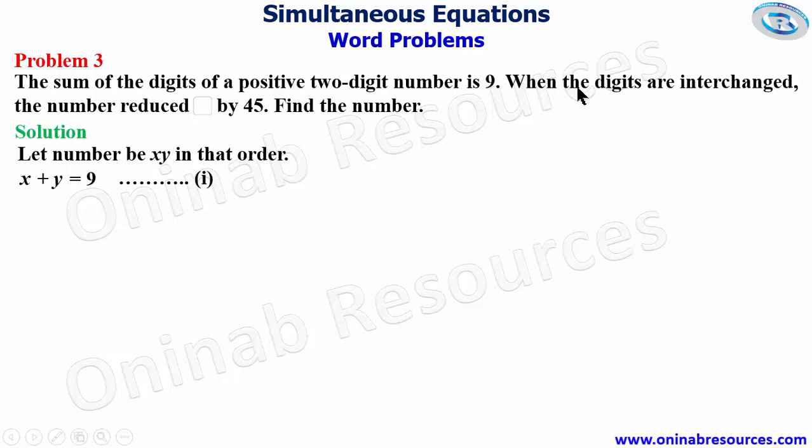Now, the second sentence: when the digits are interchanged, the number is reduced by 45, which means this one is greater than when the digits are interchanged. Meanwhile, we will quickly look at some basic facts we are going to use to get the second equation.